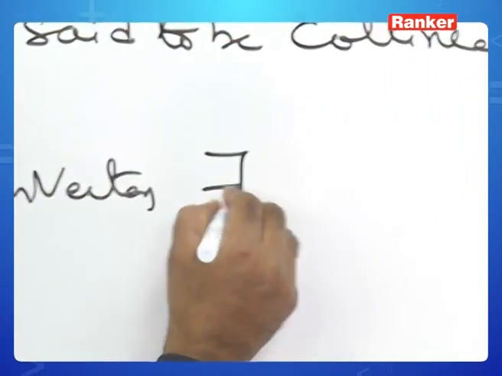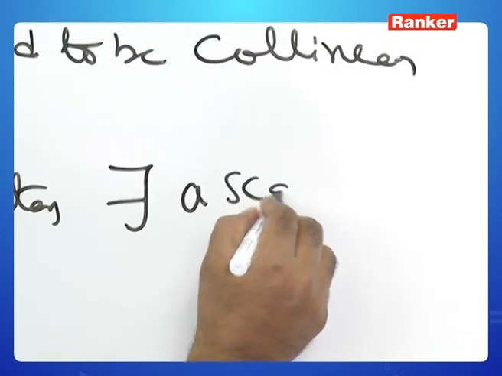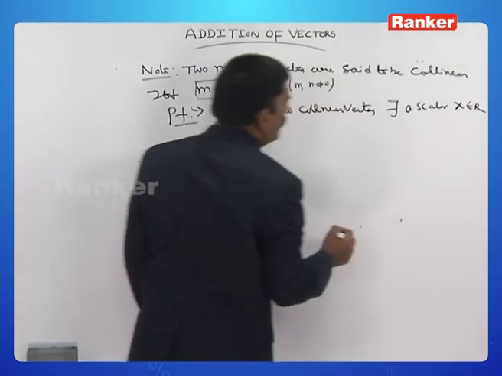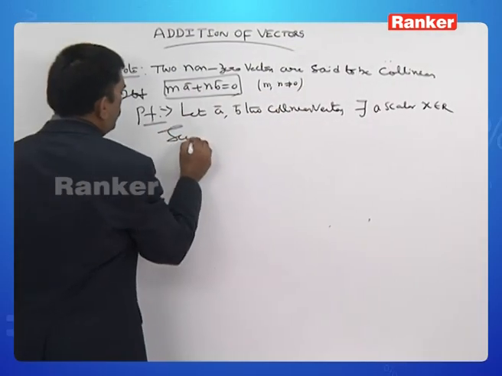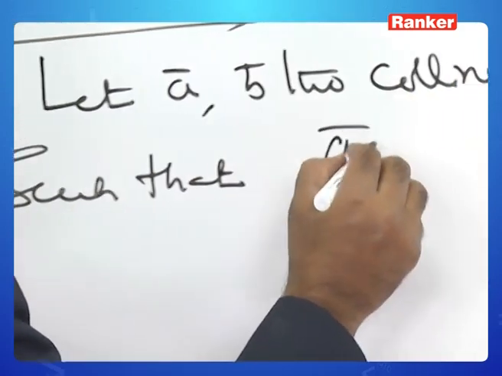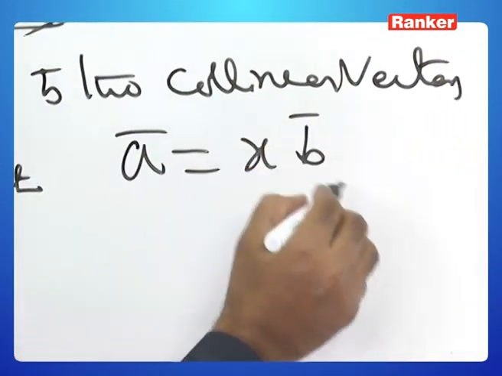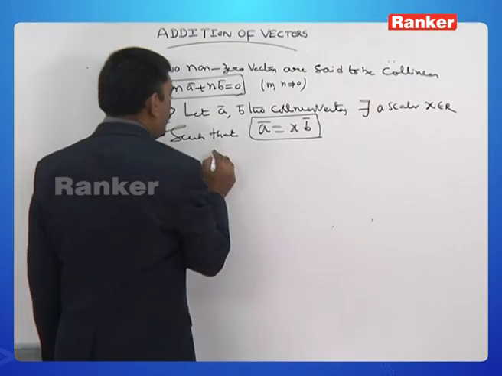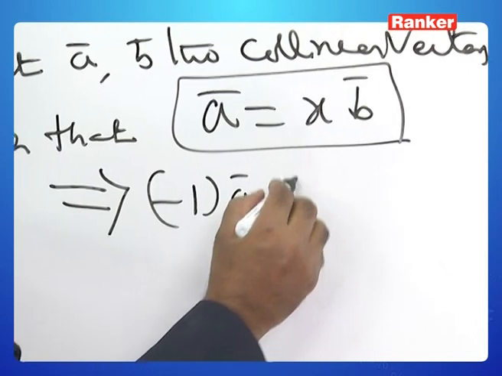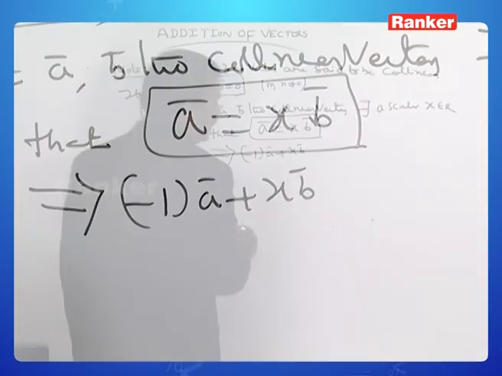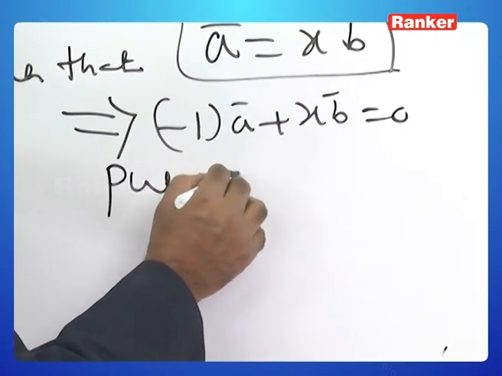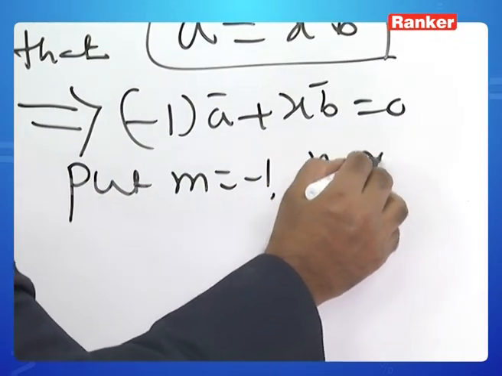There exists a scalar x belonging to R such that one vector can be expressed as a scalar multiple of another vector. I can write minus 1 into A bar plus x·B bar is equal to 0. Put m is equal to minus 1 and n is equal to x.